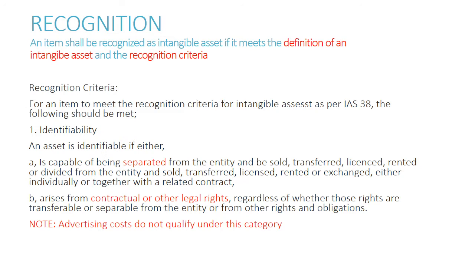And second, when we talk about identifiability, we mean that the asset has arisen as a result of contractual or legal rights, regardless of whether those rights can be transferred or separated from the entity to another entity.